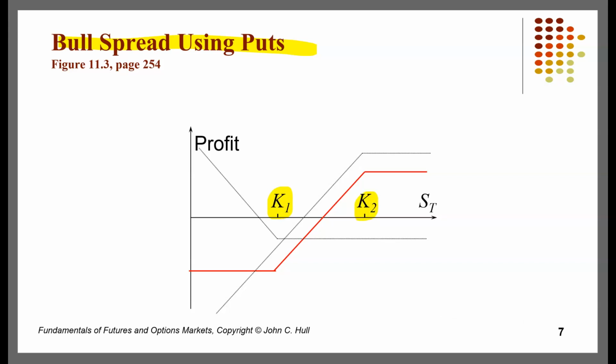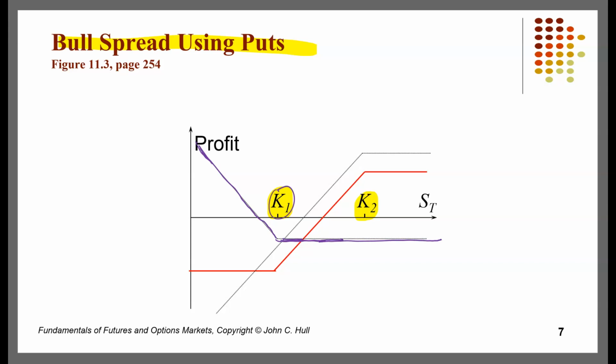Now, which one of our put positions has this shape that we have here? The first shape that we have here is going to be our long put, right?